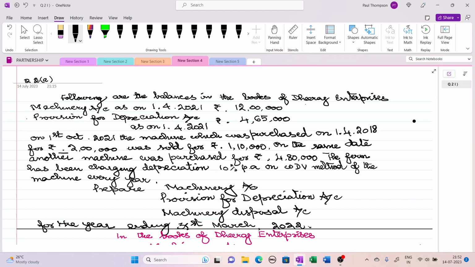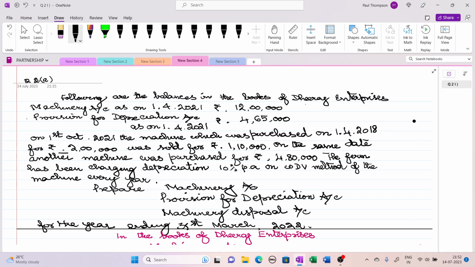Here the depreciation is not deducted at all, because generally what you do is debit depreciation to machinery account, so the value of the machinery comes down. But here they are maintaining provision for depreciation.